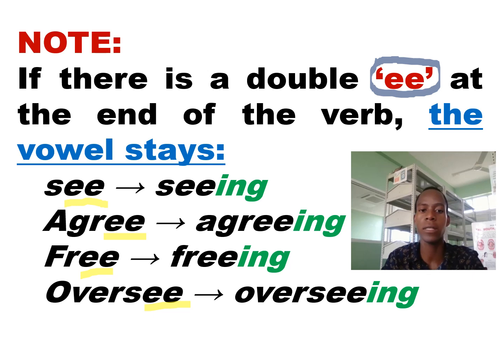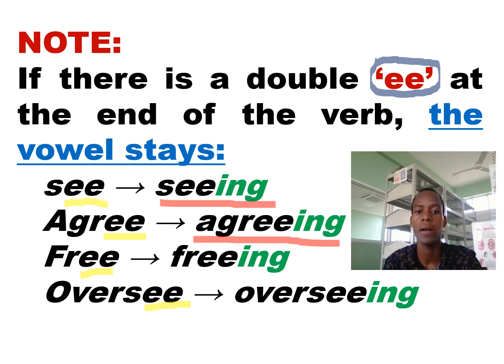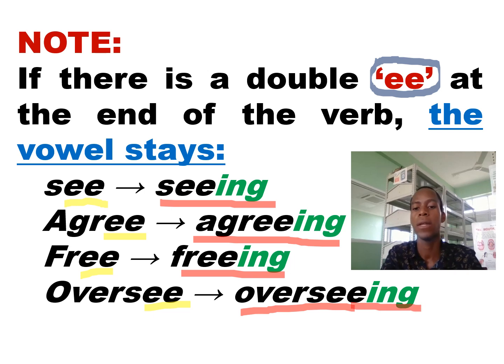What we do here is we retain these e's, and we just add ing. We can form verbs like seeing, agreeing, freeing, overseeing. So it's a matter of addition of ing to form the present participle for the verbs that end with double e in the English language.